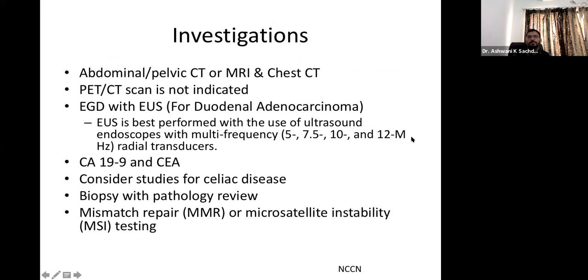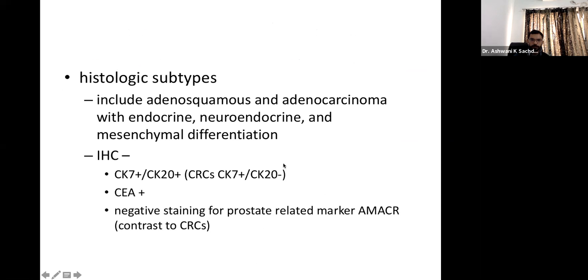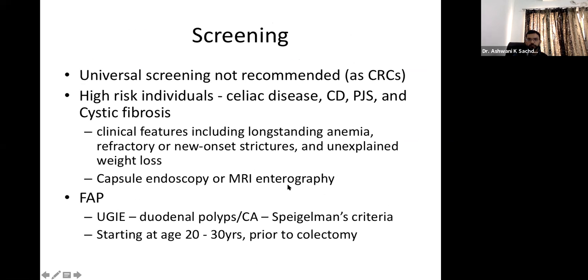What did I mention in colorectal cancer? CK20, in this I mentioned is negative. In this also, CK20 is positive for colorectal cancers also.